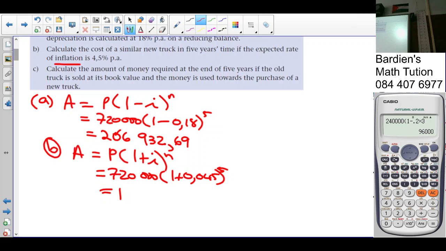Not a million yet. 720,000 into 1 plus 0.045 to the exponent 5 is 897,251 rand 800 cents.